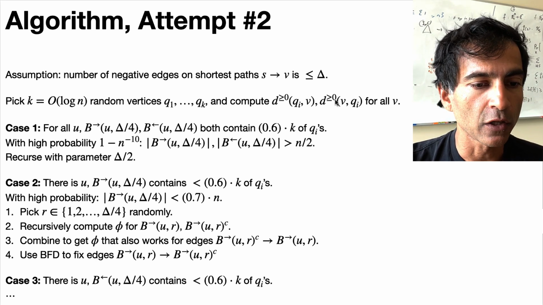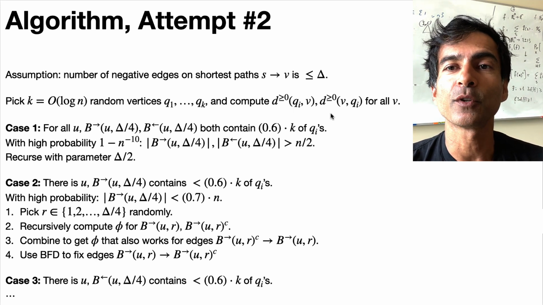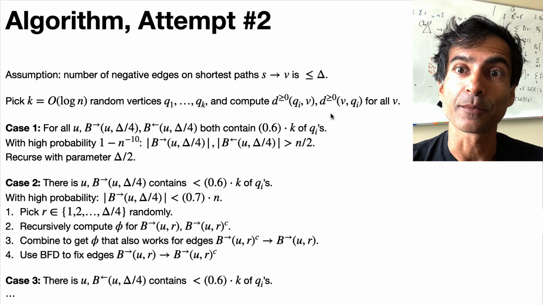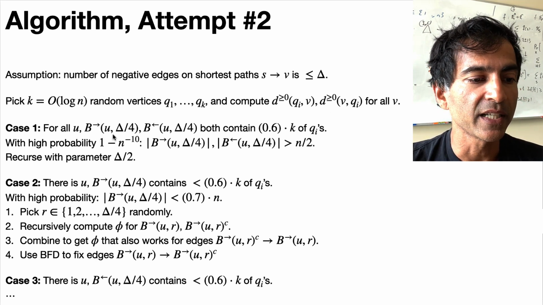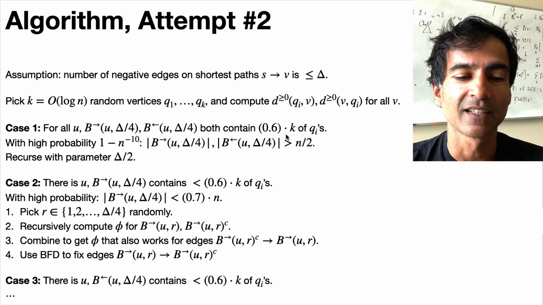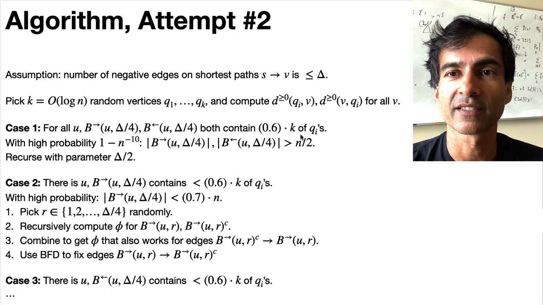So now that we have all of these distances, for every vertex, we can compute whether its balls are big or small with high probability. Because for every vertex u, we can just check whether the ball of radius delta over 4 contains 0.6 fraction of all the q's or not.